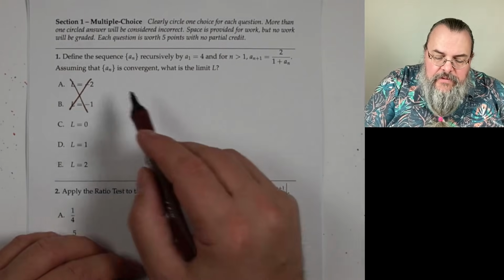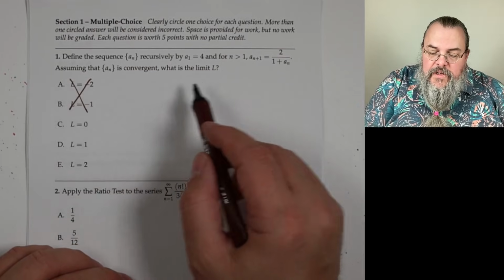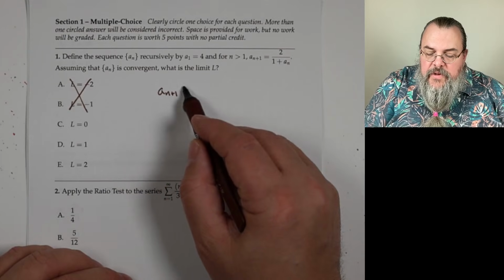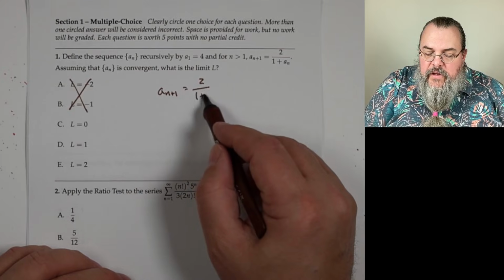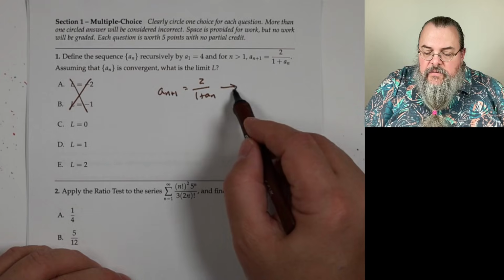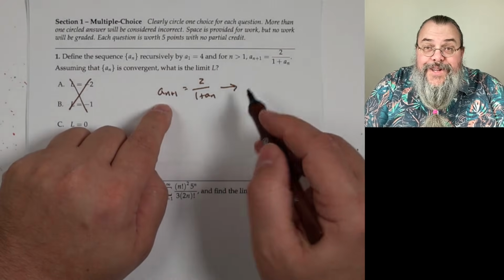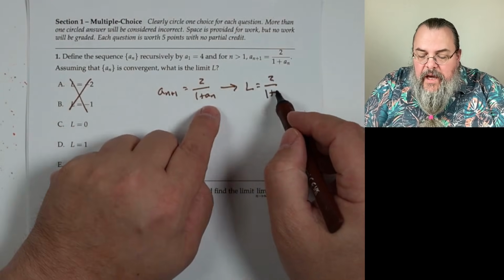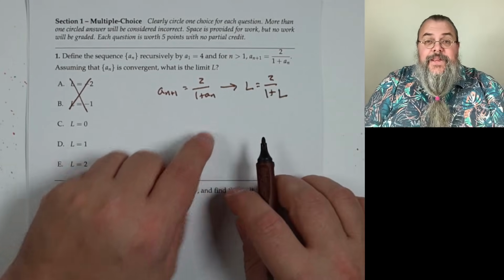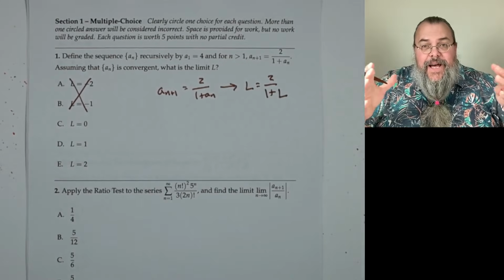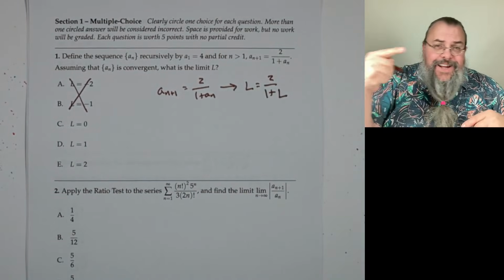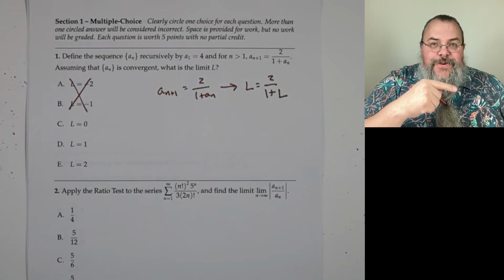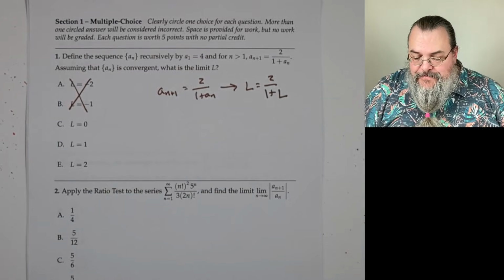We have that our a sub n is convergent. What's the limit L? Well, we say, what's going on? That says a sub n plus 1 is 2 over 1 plus a sub n, which for large n, this is getting close to L. And that's 2 over 1 plus L, and that is getting close to L. The punchline is it's convergent, so at the end, way down there, so far down, it's converging.